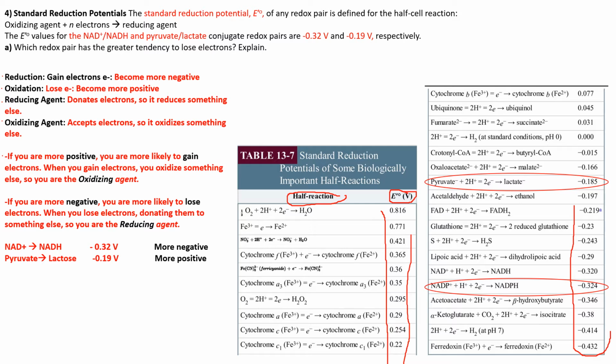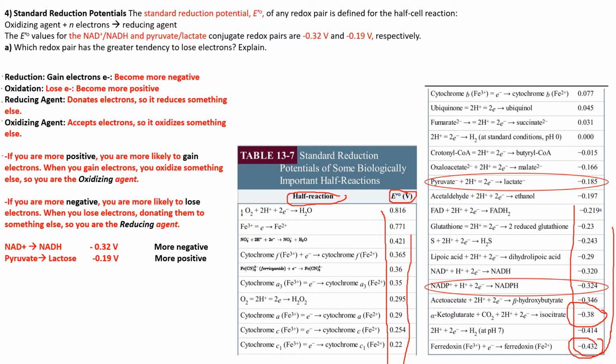So sometimes you will be asked to compare two negative numbers like this one and this one, and from these two, one of them will be more positive and one of them will be more negative, and then you'll just be able to compare that.